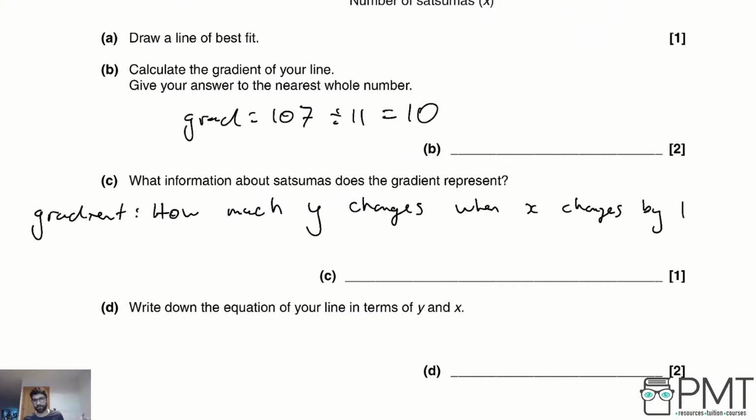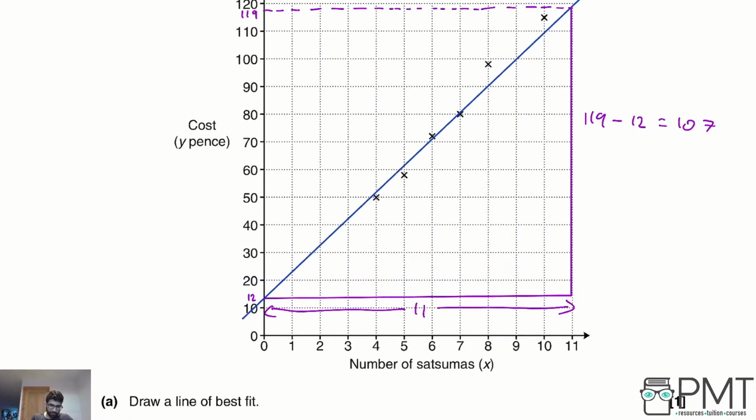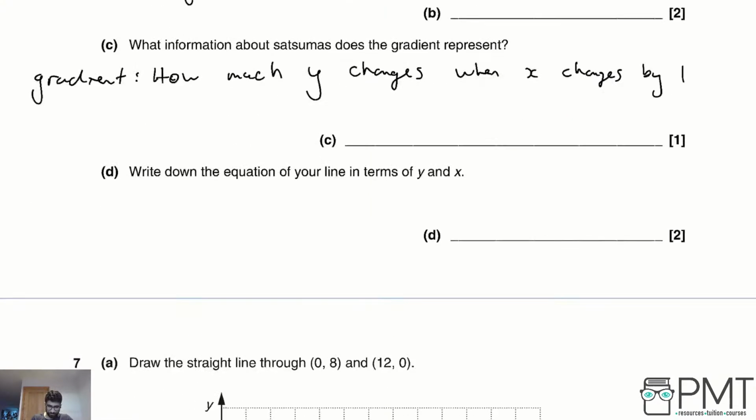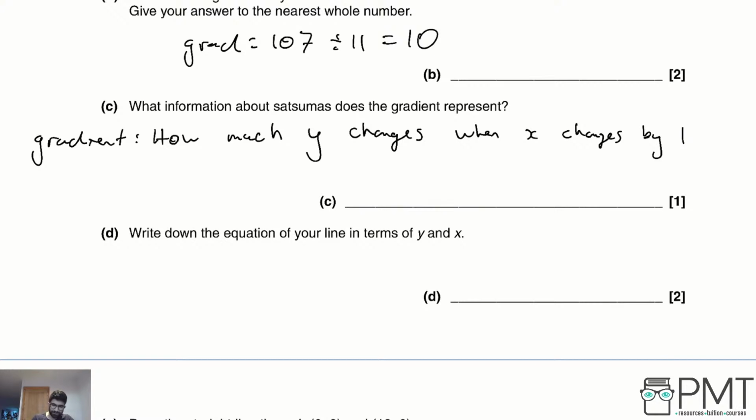So this is the general meaning of gradient, but in this case, what if you think about what your x is and what your y is, you have got cost of Satsumas. So in this case, the gradient represents the price per Satsuma.